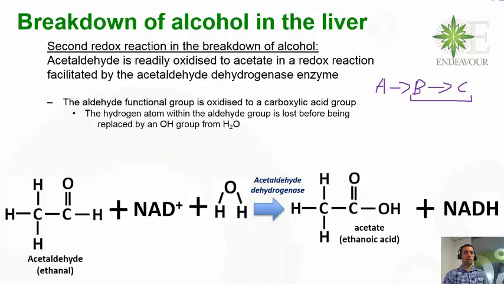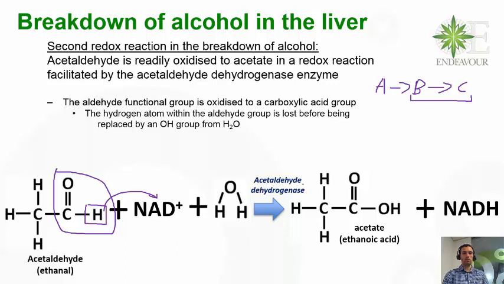Because it's being oxidized, the functional group is actually going to be altered again. In this case, the aldehyde will lose the hydrogen that's remaining within that functional group. Remember, we've got the functional group at the end here, and it's going to lose a hydrogen, which is going to be given onto this coenzyme here.